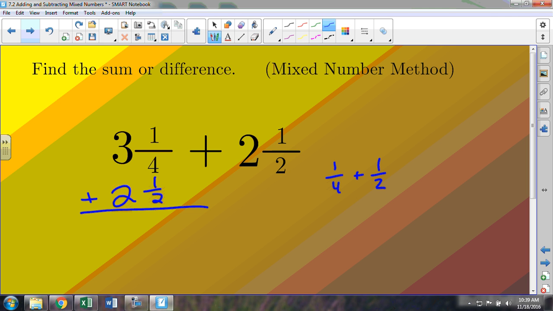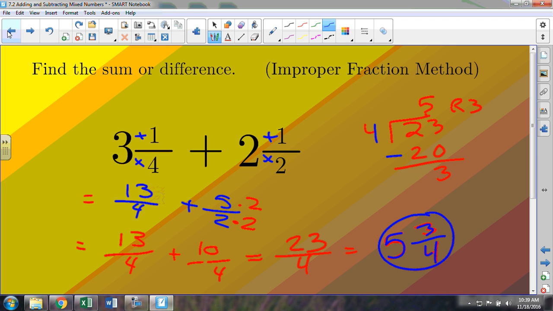Well, because 1/2 is the same thing as 2 over 4, we can add our two fractions. 1 plus 2 would give us 3. So fraction plus fraction, that's 3/4. 3 plus 2 is 5. Done. 5 3/4. And previous method, 5 3/4.